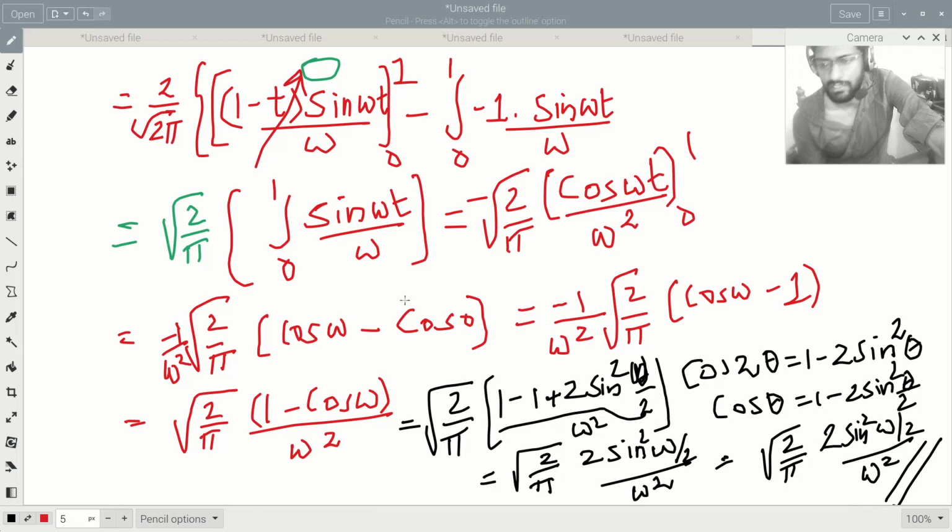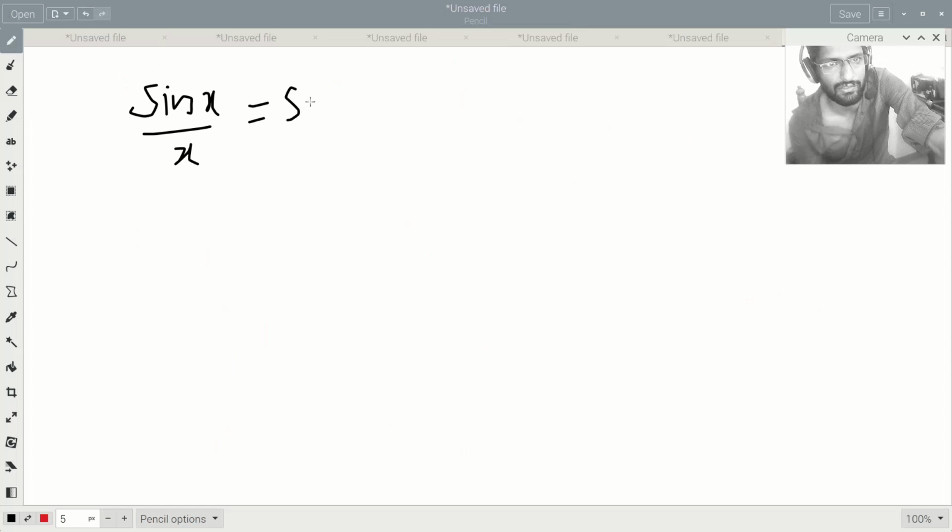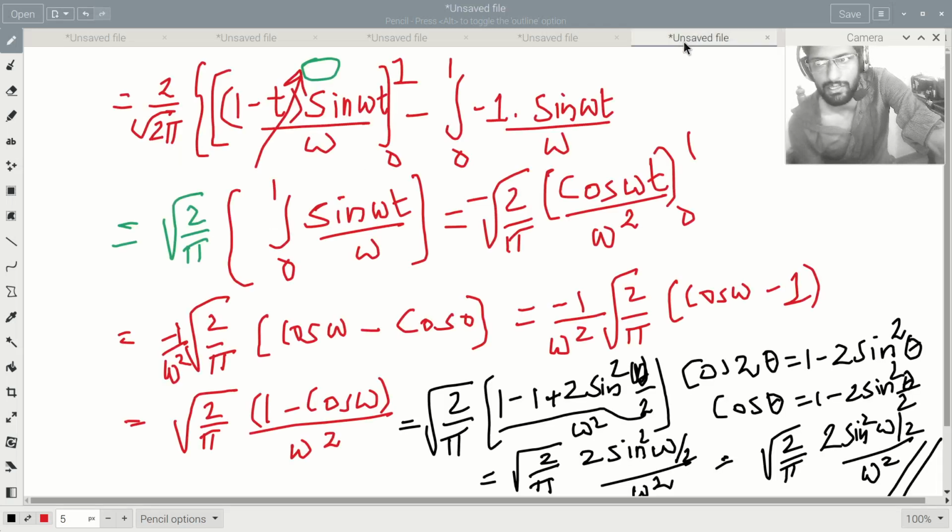Now this answer we can convert into the sinc function that I explained in the last class. We know sin x by x; if we have a function of this form, it is equal to the sinc function, sinc of x. So we can rearrange our answer.